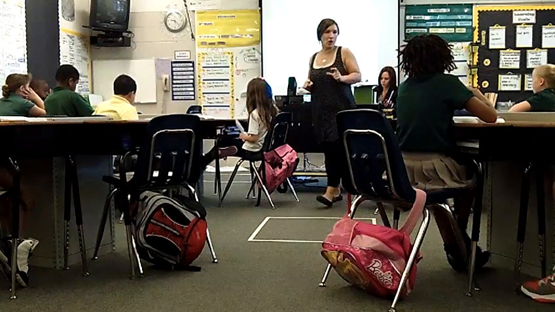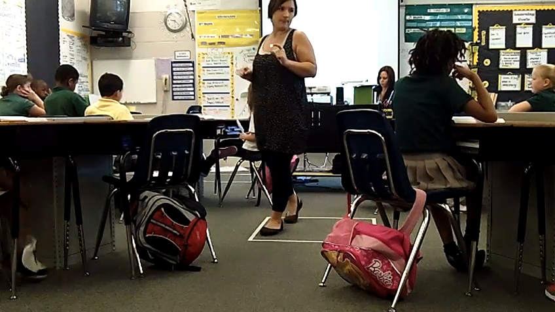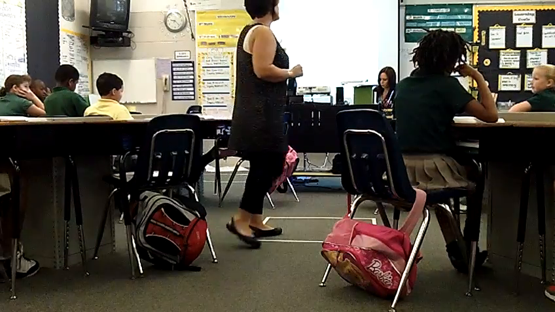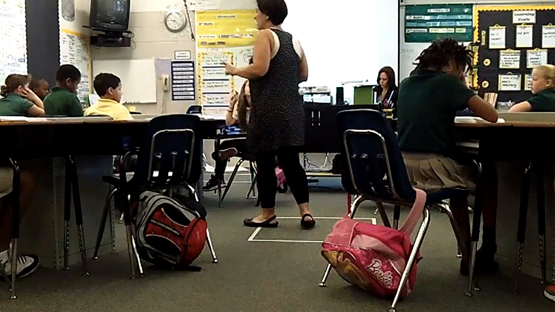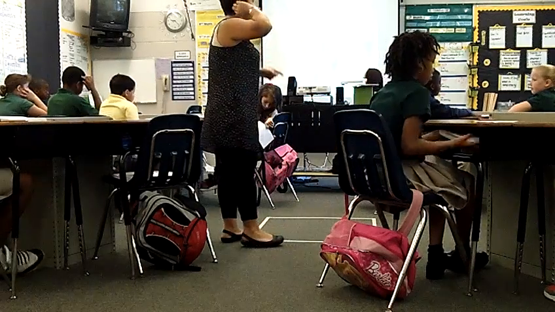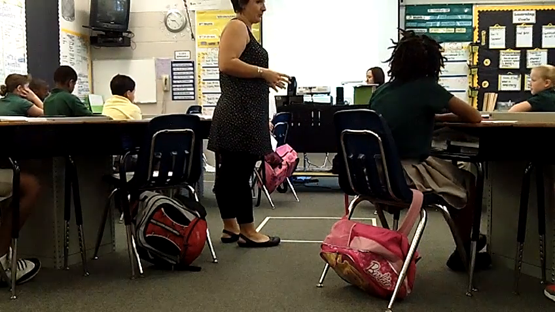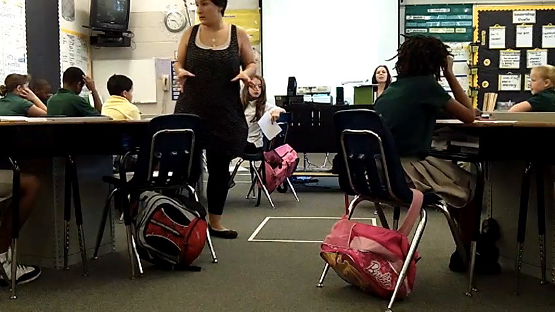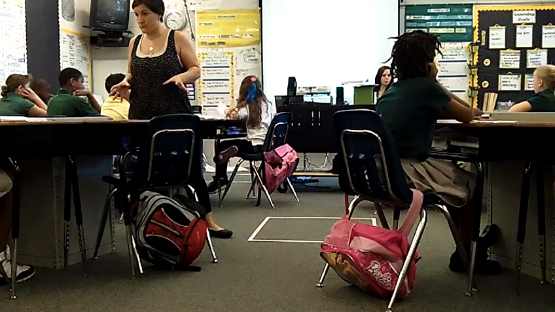So each group is going to get a card with a problem on it. We want you to try and solve it independently first, by yourself first. And then we're going to give you an opportunity to discuss with your group. Now, group 1, raise your hand.